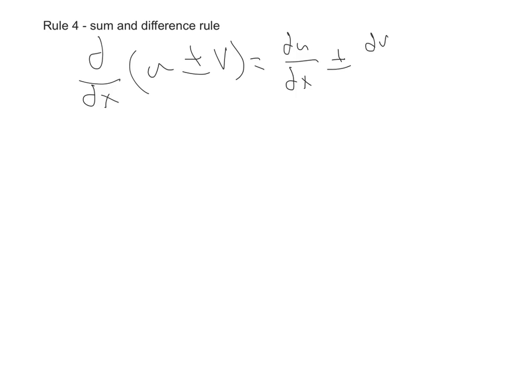That is to say, if I want to find the derivative with respect to the variable x of the sum of two functions, I'll call u and v, or I can kill two birds with one stone and also talk about the difference of the two functions u and v. The rule simply says, take the derivative of u, add it or subtract it with the derivative of v. The derivative of a sum or difference is equal to the sum or difference of the derivatives. That's all we're saying here.